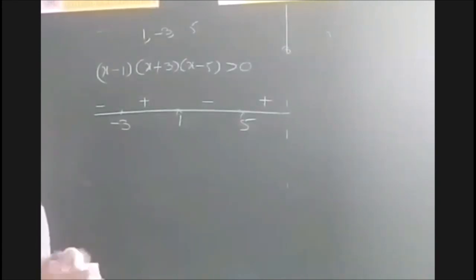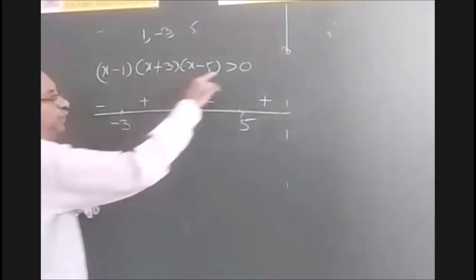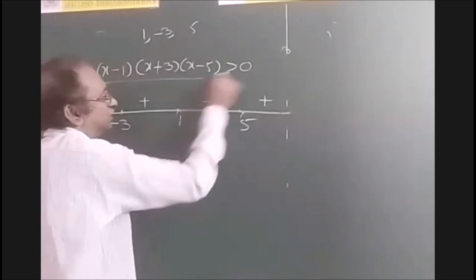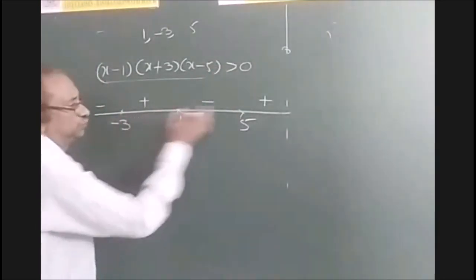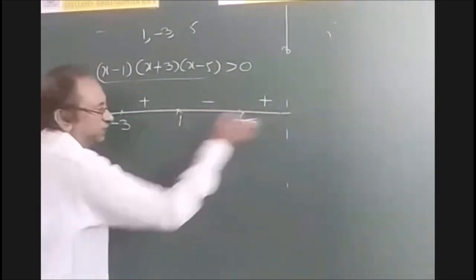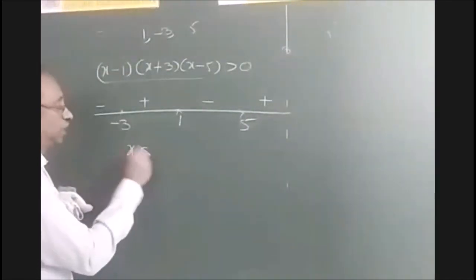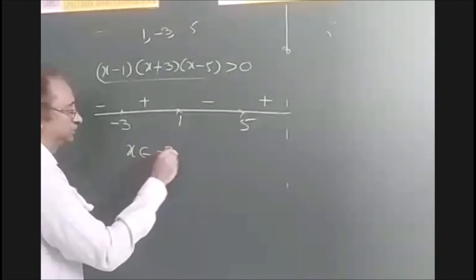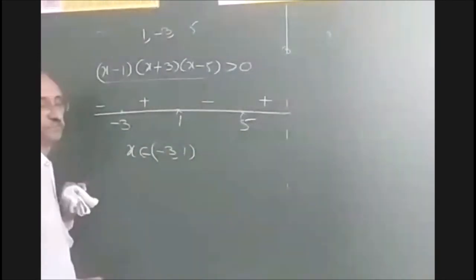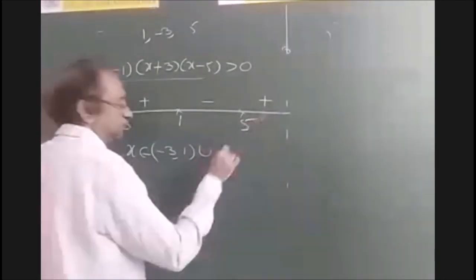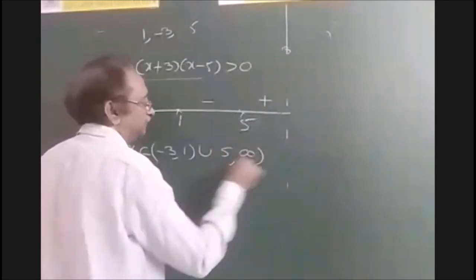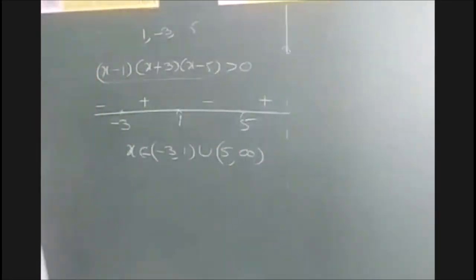And the problem is over now. Whenever this function is greater than 0, you see the plus signs in those intervals, and the value must be positive. Therefore, x belongs to (-3, 1) union (5, infinity). That is the answer.